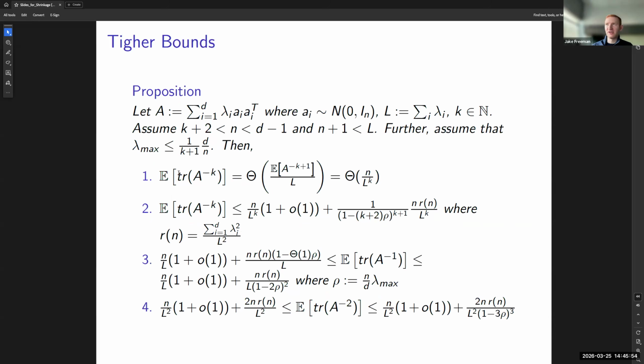And I should have mentioned earlier, one of the key differentiations between this high dimensional work where n over d goes to infinity compared to a standard work where n and d are proportional is that you can't use the Marchenko-Pastur law. So you lose a lot of the concentration inequalities that people take for granted in that regime.